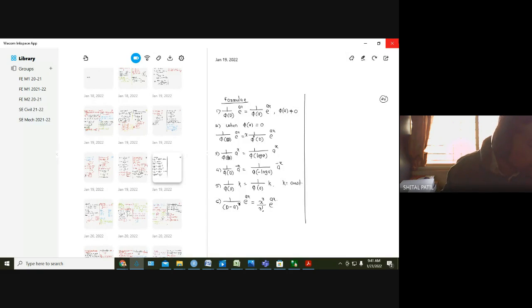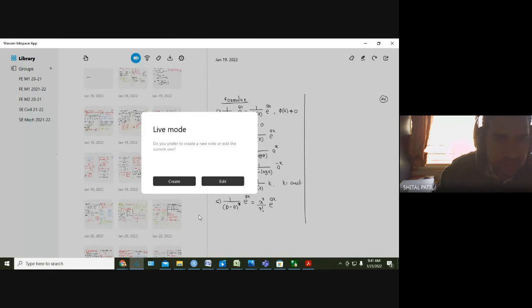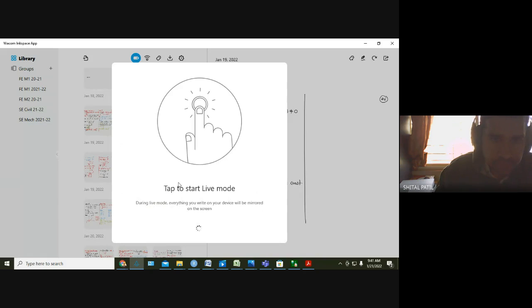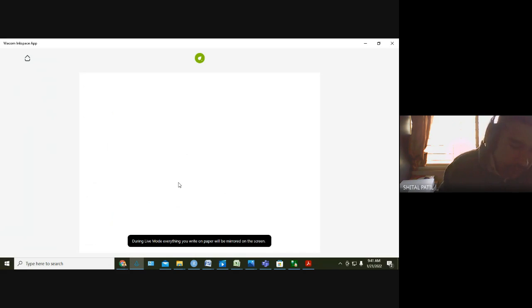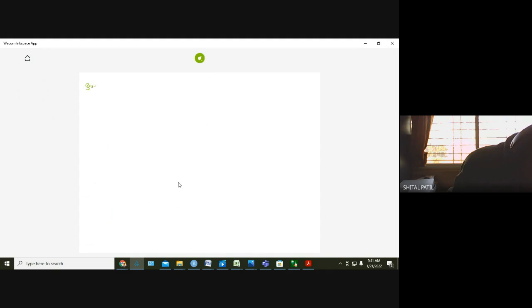Find the CF, complementary function. 1 d square plus 6d plus 9y equal to 5 raised to x minus log of 2.